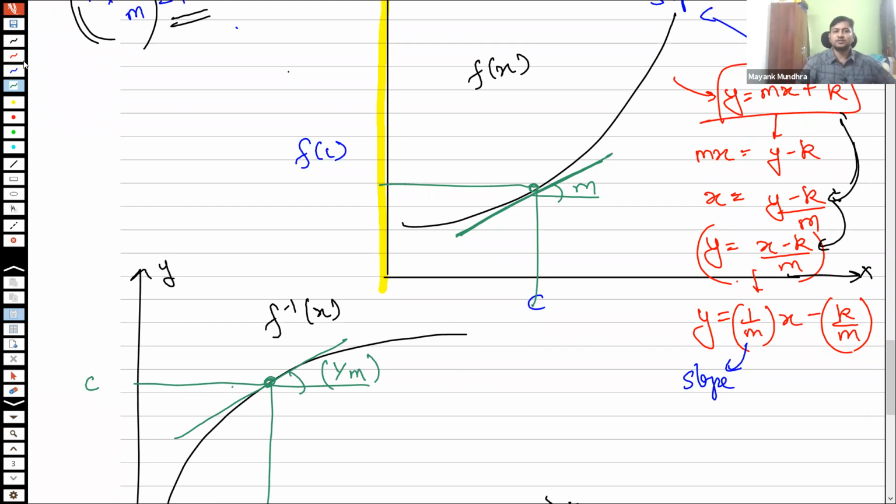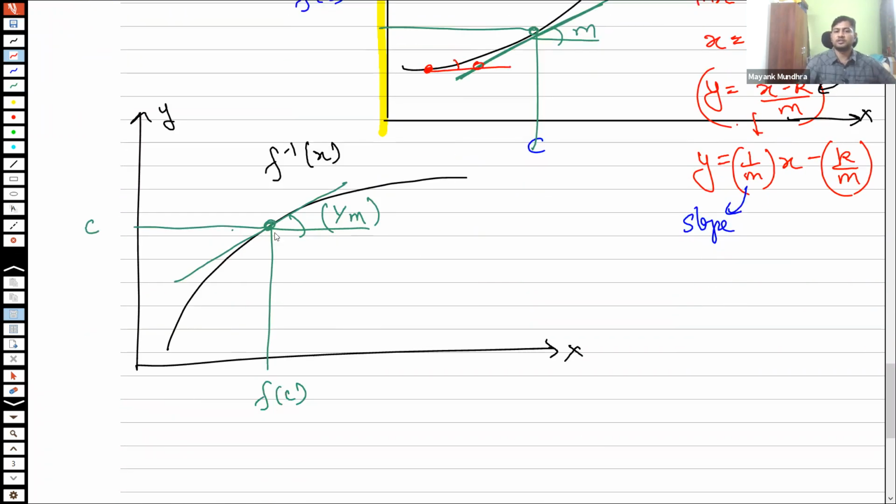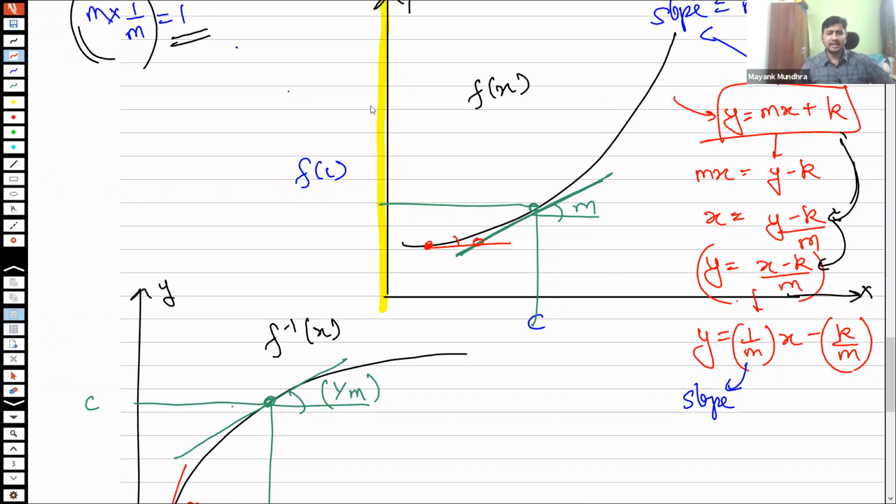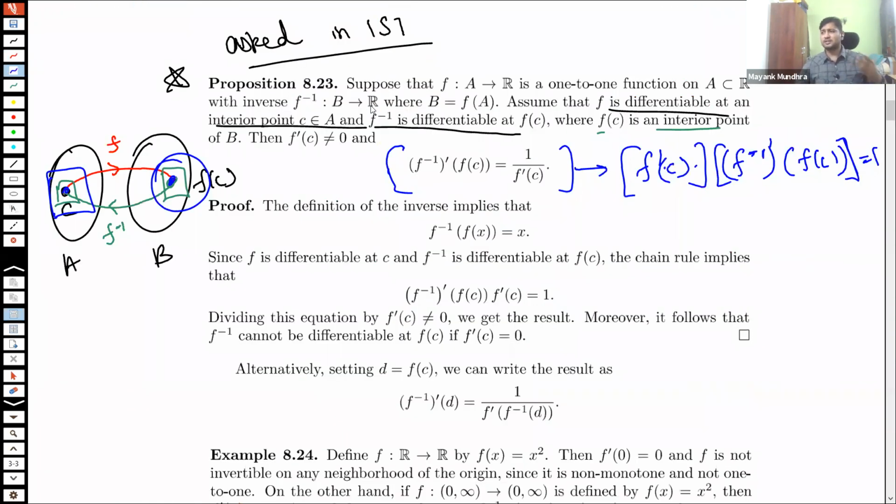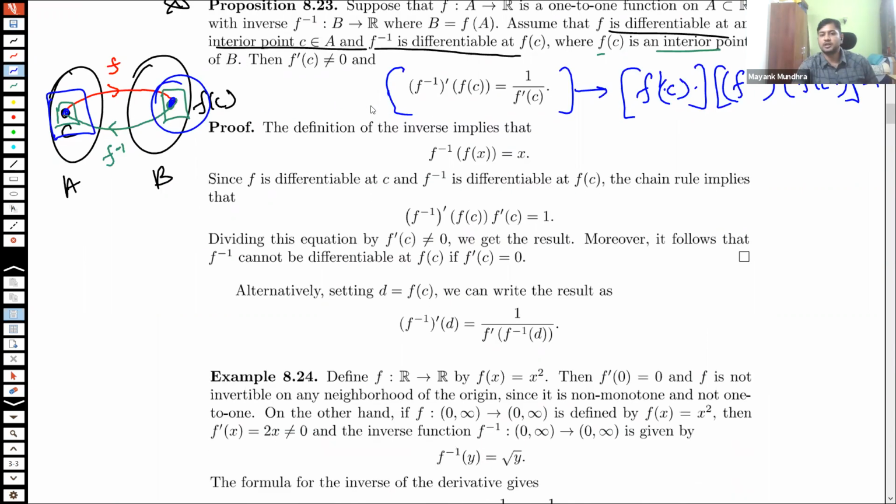So as you can see very clearly, for the endpoints closer to the origin, the slope of this one is almost 0, whereas closer to the origin, the slope of this one is almost infinity. Okay, so the product becomes equal to 1. So this is the idea. You just change axis, so you can see a curve which is flat becomes steep and vice versa. The slope becomes the reciprocal of what it was earlier.